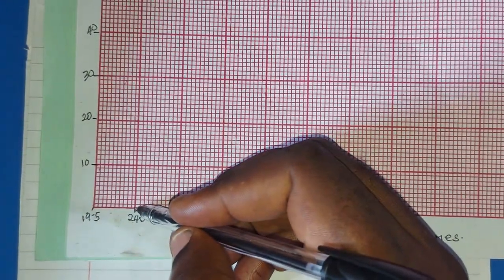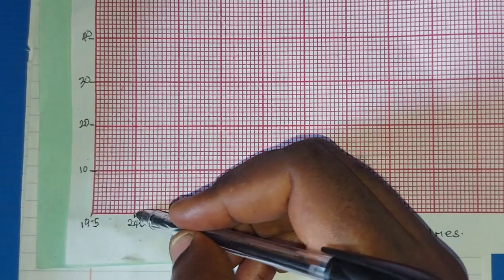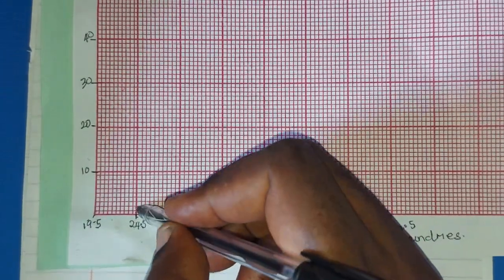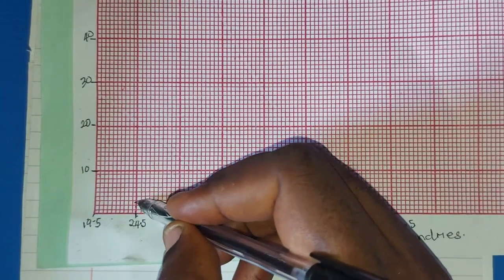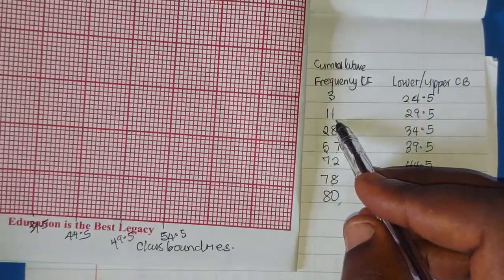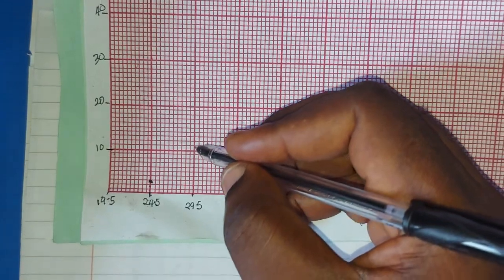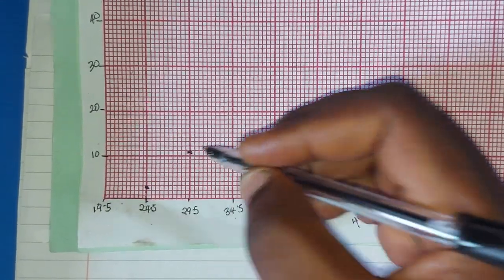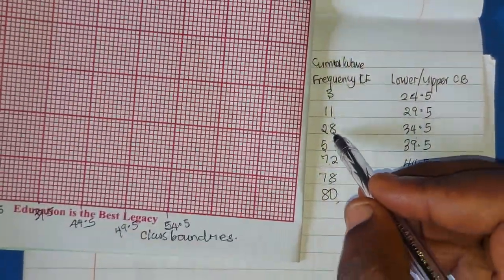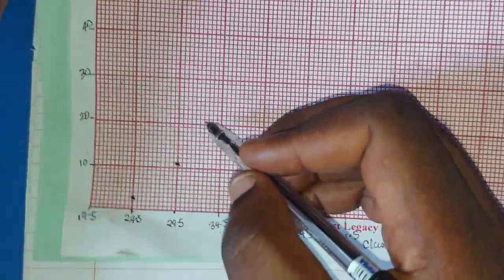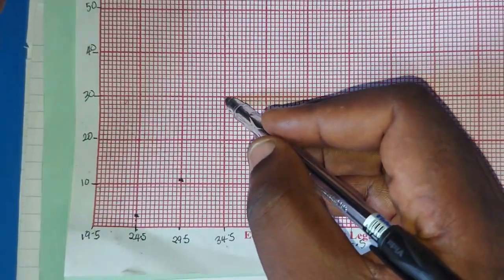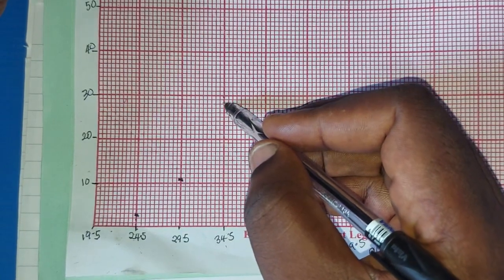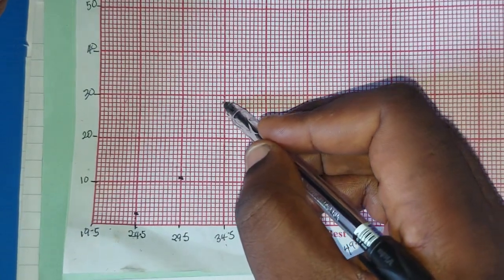You count 3 boxes upwards: 1, 2, and 3. Then the next cumulative is 11, so you count from 10, one box more. The next cumulative is 28. This is 30, so just count 2 boxes down. This should be 29.